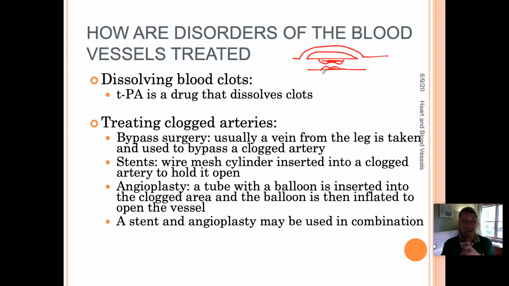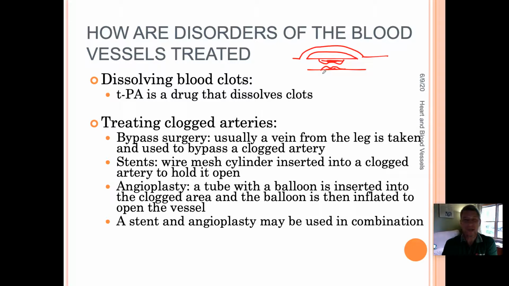You can also insert what's called a stent, which is a little cylinder made of metal, into the clogged artery, and literally they expand it inside the artery to widen it out, and that increases the blood flow. This same type of procedure can be done with a balloon, and we call that angioplasty, where the balloon is literally inserted into the clogged area and then inflated, which opens up the blood vessel.